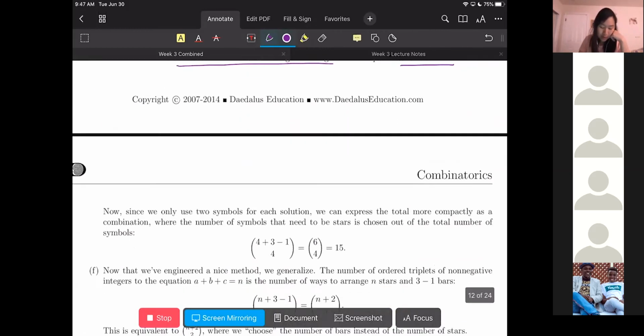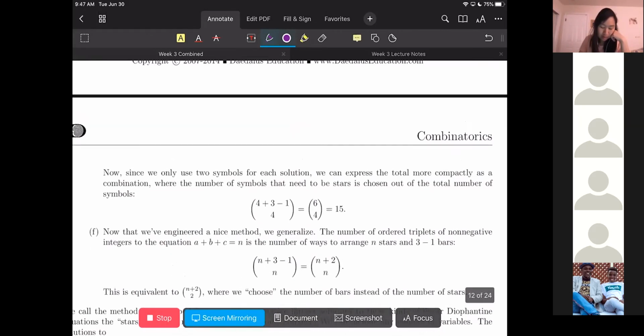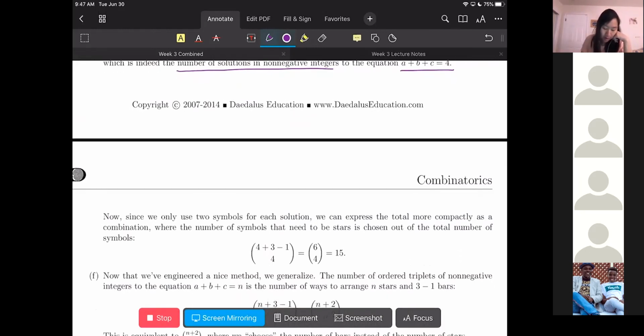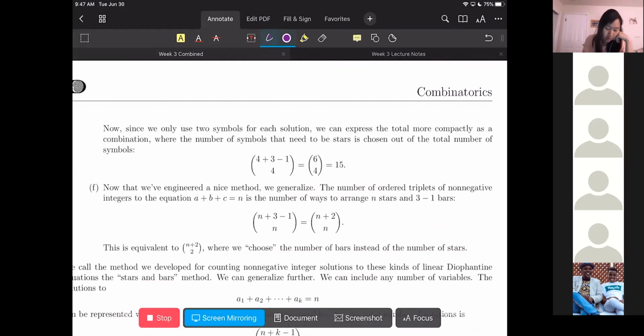So let's move on to a more general formula here for this problem. For part F, we want to say how many solutions are there to A plus B plus C equals N. And so here we can say we want to arrange N stars and 3 minus 1, which is 2 bars, if there's 3 variables.